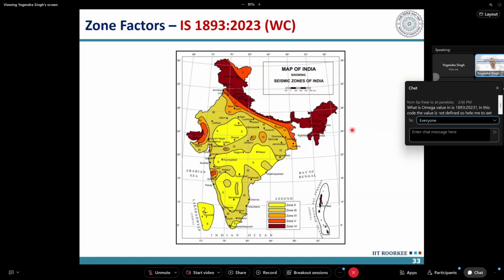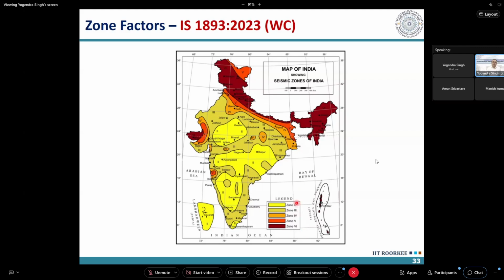And in the new code which is under revision, there are now 5 zones, zone 2 to zone 6, and the 6th zone is this. So a new zone has been created here. You can see the whole of the Himalayan range to the northeast is coming in this. So this has the maximum hazard, along with the Bhuj area in Gujarat, which is already known.